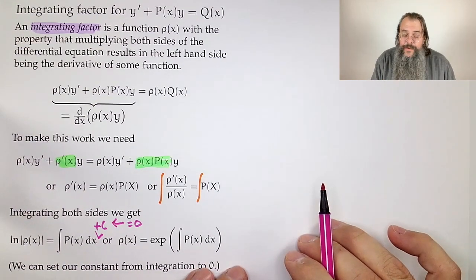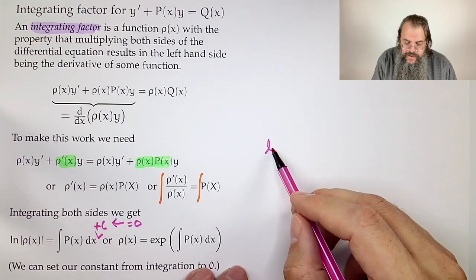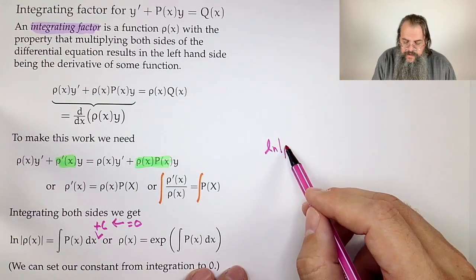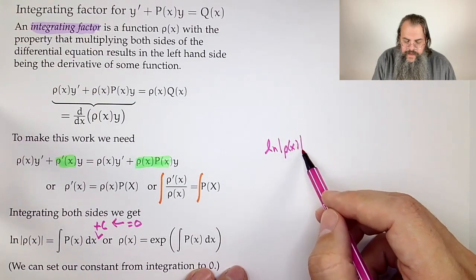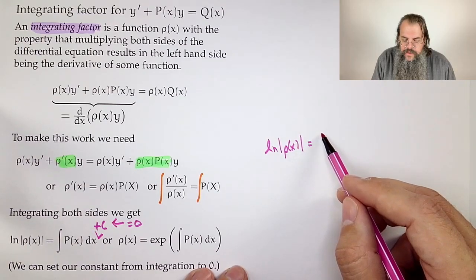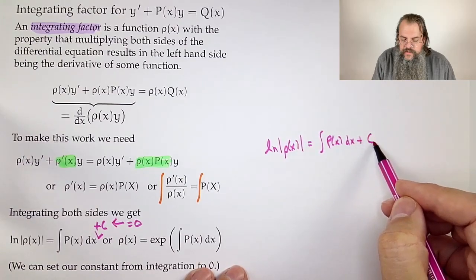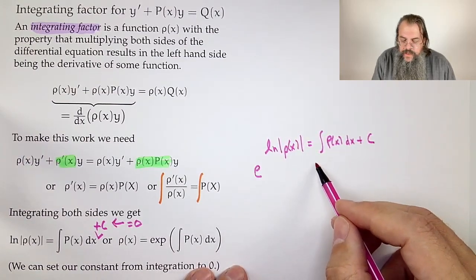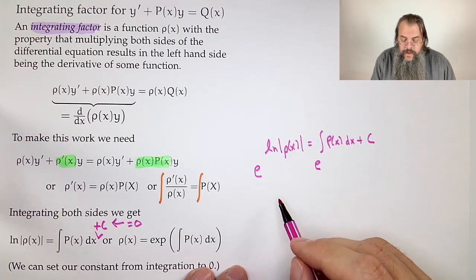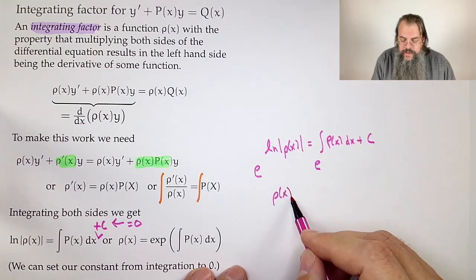So we can actually follow it, right? So suppose we allowed there to be a plus c. So you'd have log of rho of x is equal to the integral of p of x dx plus a constant c. And if you do e to the on both sides, you'll get your rho of x term over here.